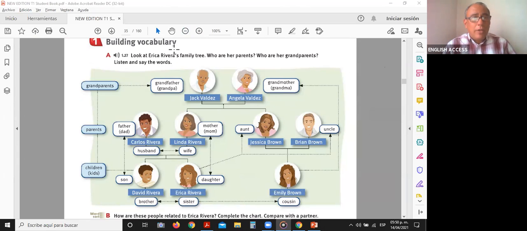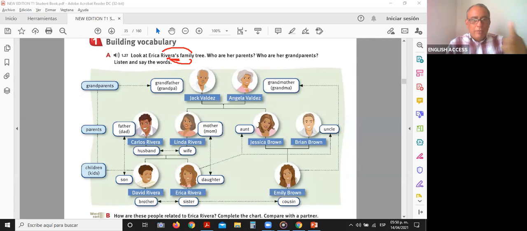You see, here we have a possessive. Erika Rivera's family tree, meaning that the family tree belongs to Erika Rivera. And here in the last name, we are using the possessive noun.